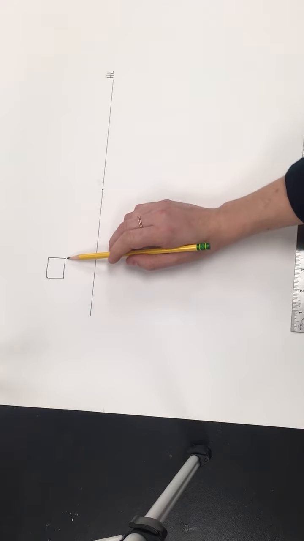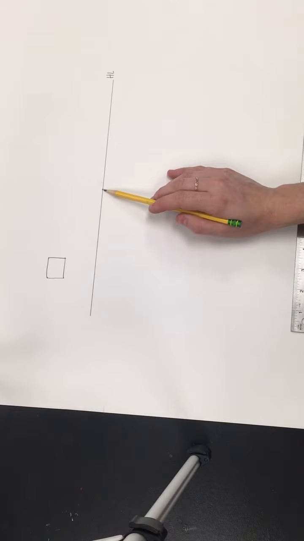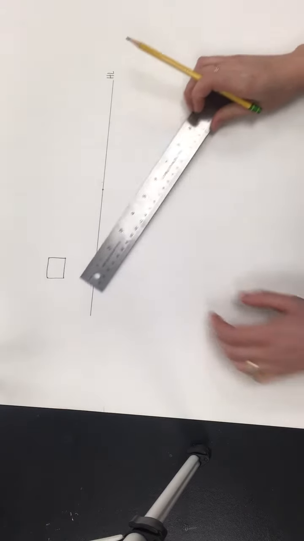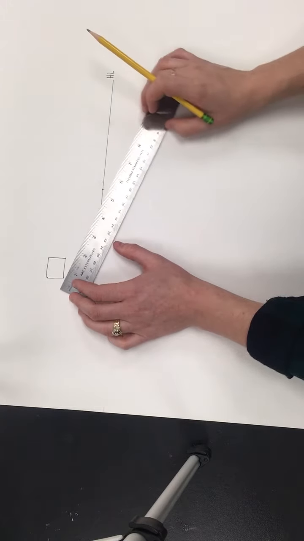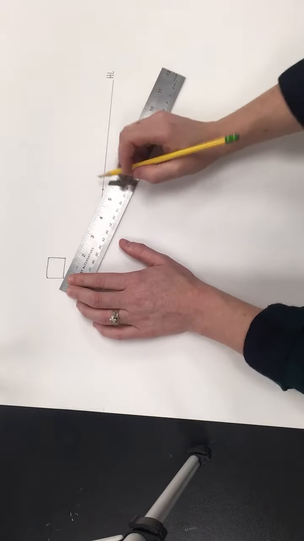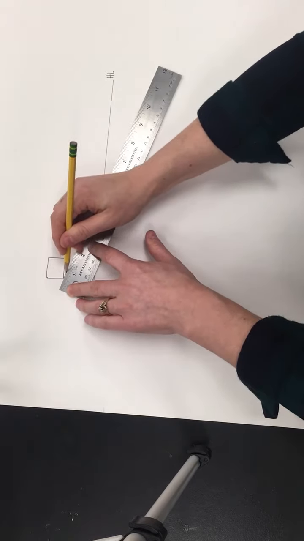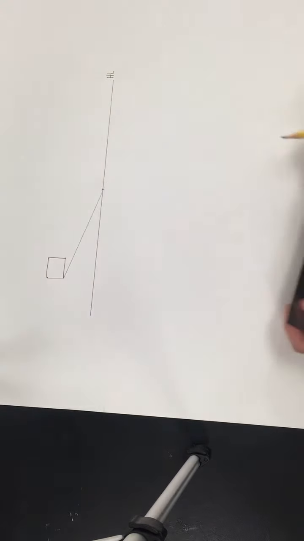With those shapes, each one of those corners needs to line up to this vanishing point. You're going to take your ruler, and you can start at any one that you want. So we're going to line it up here with this corner, and then we're going to line it up here with this vanishing point. Then you're going to mark a line that goes all the way to that point.